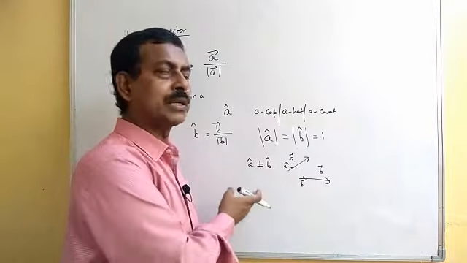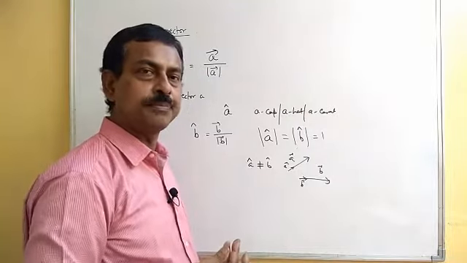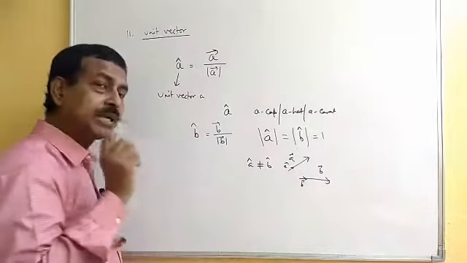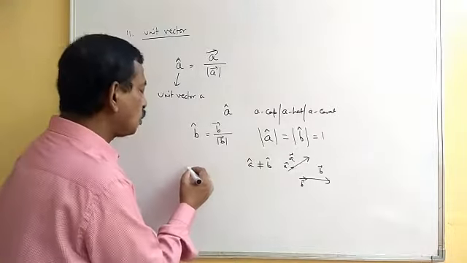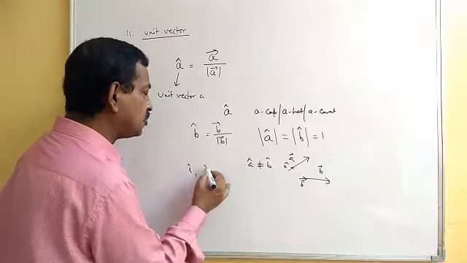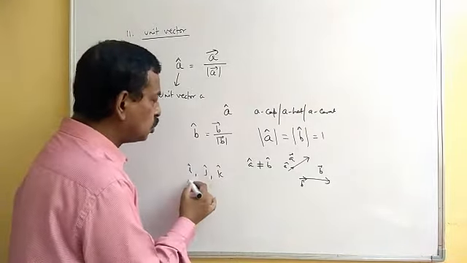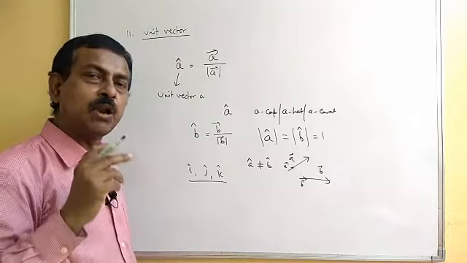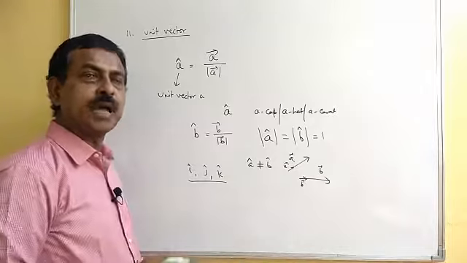Of course, if vector A and vector B are in the same direction, then they may be equal. There are some standard symbols used for unit vectors. It is like I cap, J cap, K cap. These are used to represent unit vectors along the x-axis, y-axis and z-axis.